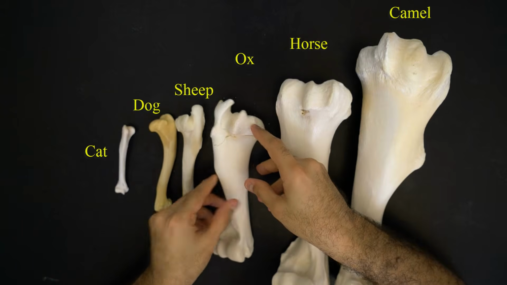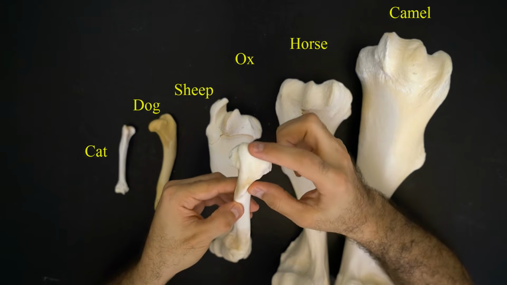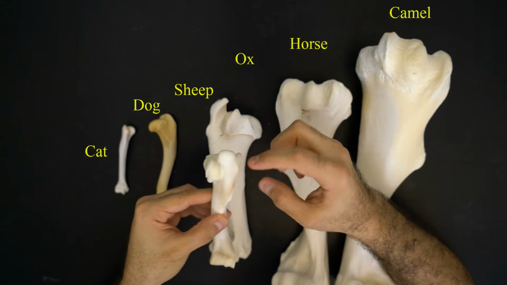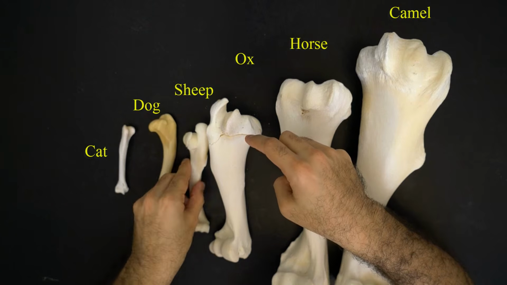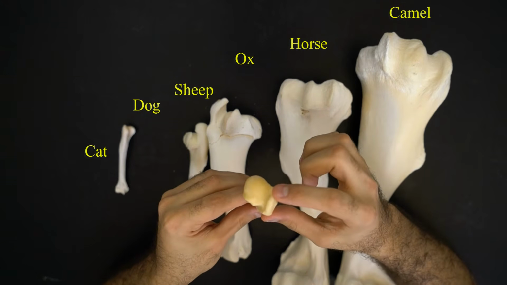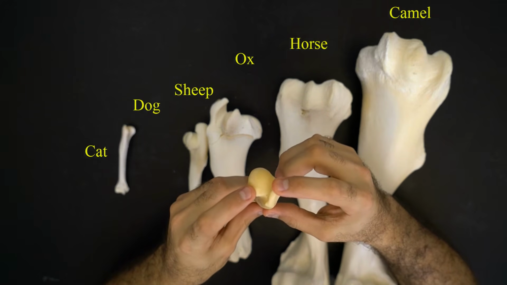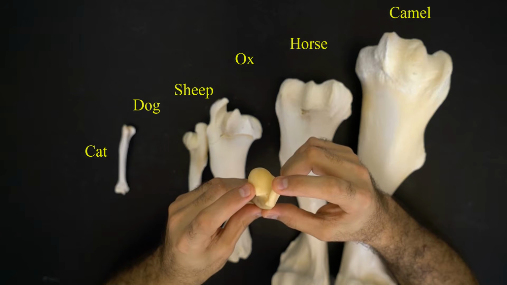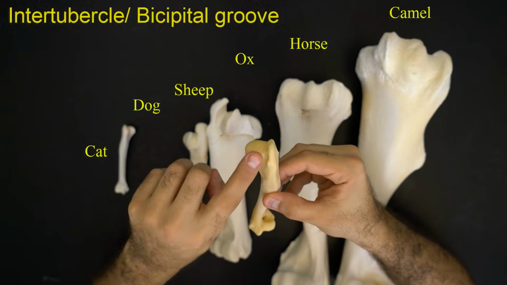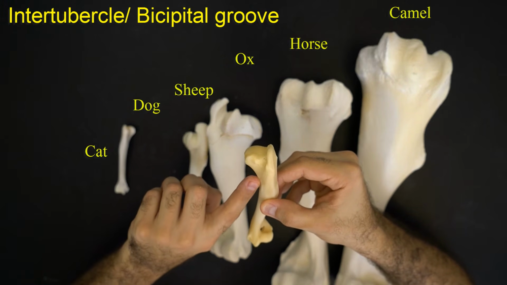The same in the sheep, as you can see here. So the greater tubercle is divided into caudal and cranial part, like that of the ox. In the dog, we can find that the greater tubercle and the lesser tubercle are not divided into two parts, and the intertubercular groove here is more directed to the medial side.